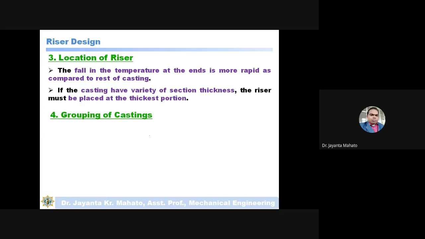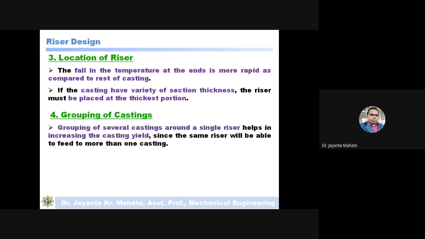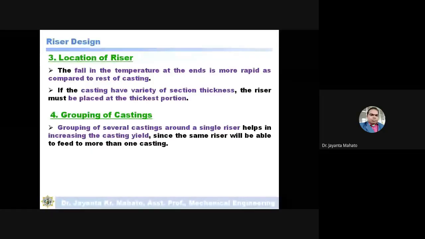Grouping of risers means, at times, grouping several castings around a single riser. Different casting molds can be grouped, meaning connected together, and this single riser will help in increasing the casting yield. Casting yield is nothing but the cast product divided by the mass of the molten material poured into the mold cavity.